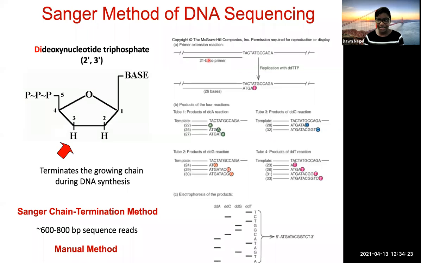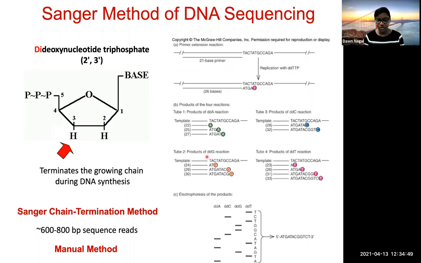Remember, because this is DNA synthesis and your primer is always 5' to 3', nucleotides get added to the 3' end. You know that this top strand, which is your template strand, should be a 3' to 5' orientation, right? What is being synthesized is 5' to 3', okay? So you're adding to the 3' end, and you're going to replicate and synthesize DNA, and the chain is going to grow.